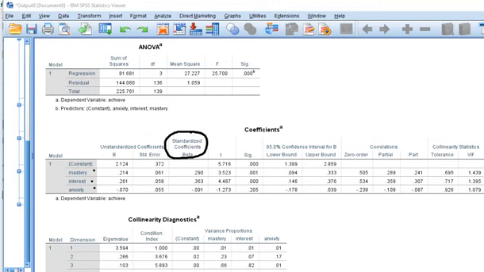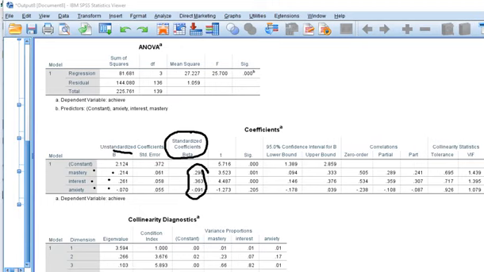And so the nice thing about standardized coefficients is that it helps you to assign a rank ordering of the relative contributions of the independent variables when it comes to accounting for variation in the dependent variable. The unstandardized coefficients are essentially scale dependent. What that means is that we can't rank order the independent variables in terms of their relative contributions based on the unstandardized coefficients, because these variables all have different standard deviations.